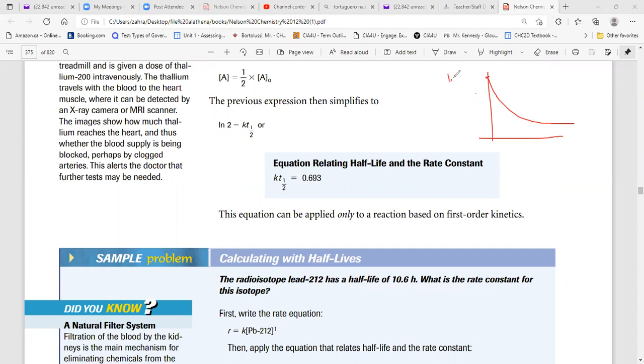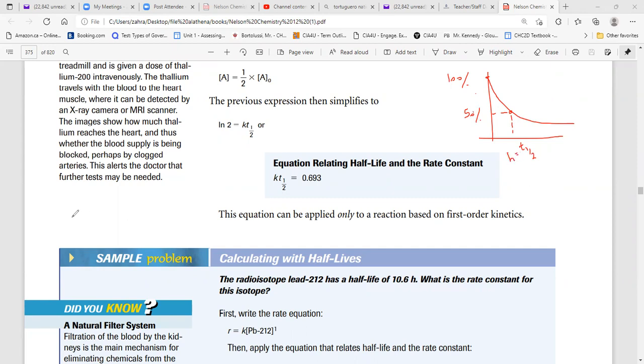At the beginning, you are 100%. The time it takes until your material has decayed to half of the original, 50%, we call it T half, the half-life. Or sometimes we call it H.